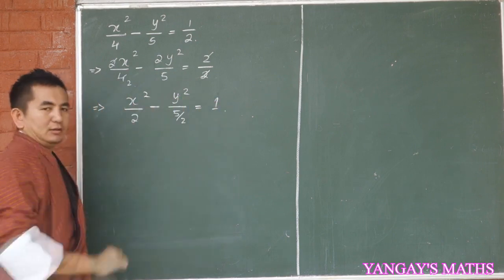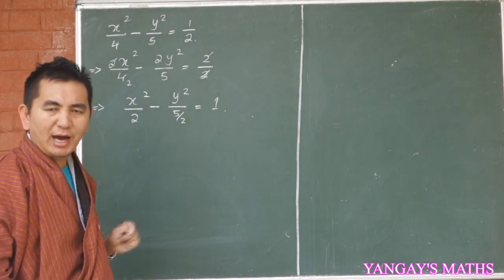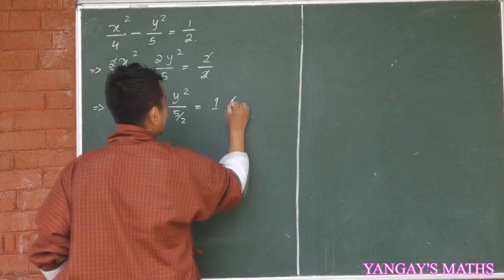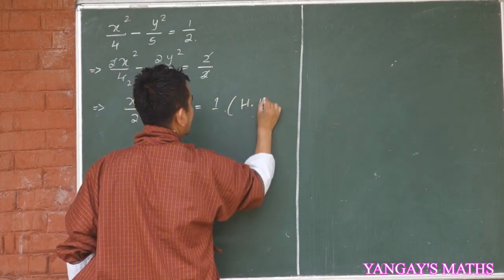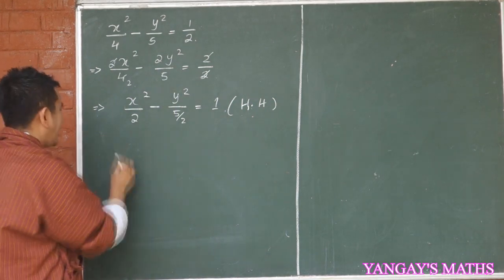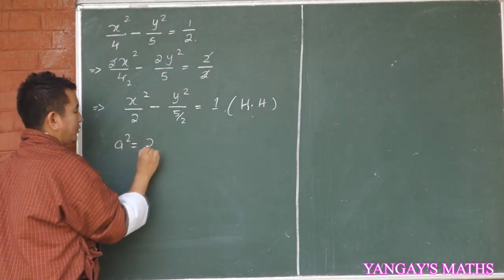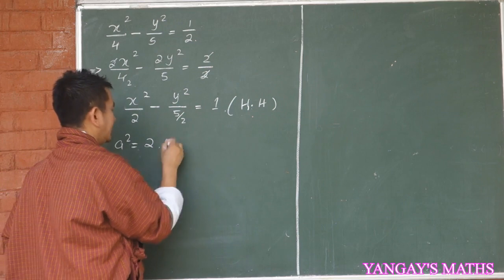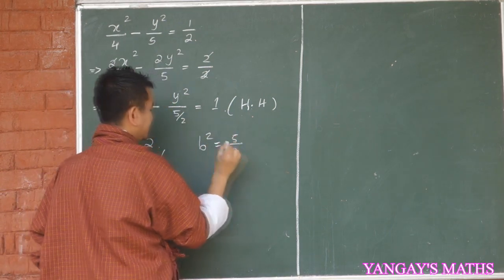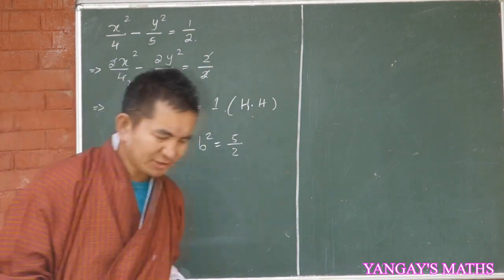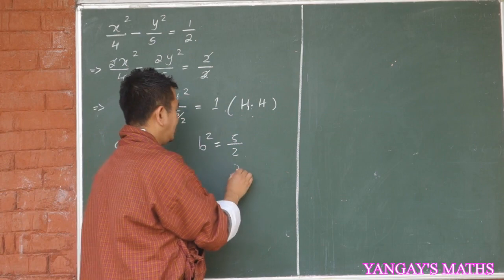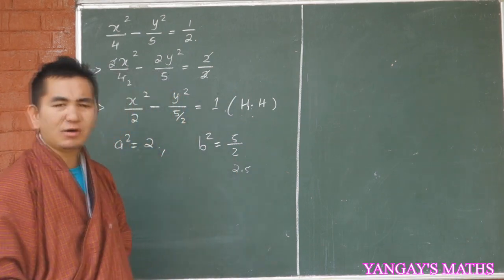is equivalent to 1. Since we have x squared, is it a horizontal or vertical hyperbola? Definitely this becomes a horizontal hyperbola. This value becomes a squared, which is equivalent to 2, and this becomes the b squared value, 5 by 2. And please remember, 5 divided by 2 is equivalent to 2.5. Isn't it?